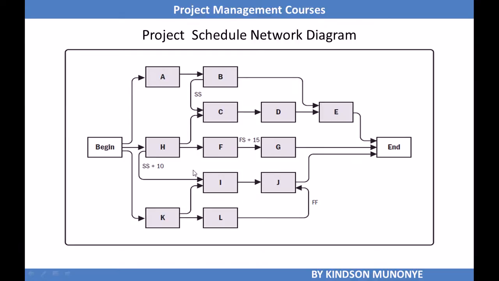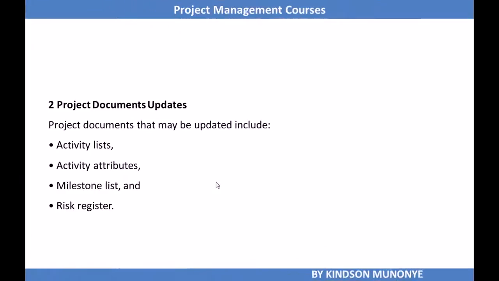So between H and I, we have start to start. It means that after H has started, then 10 days after, I can then start. So this is an example of project schedule network diagram.